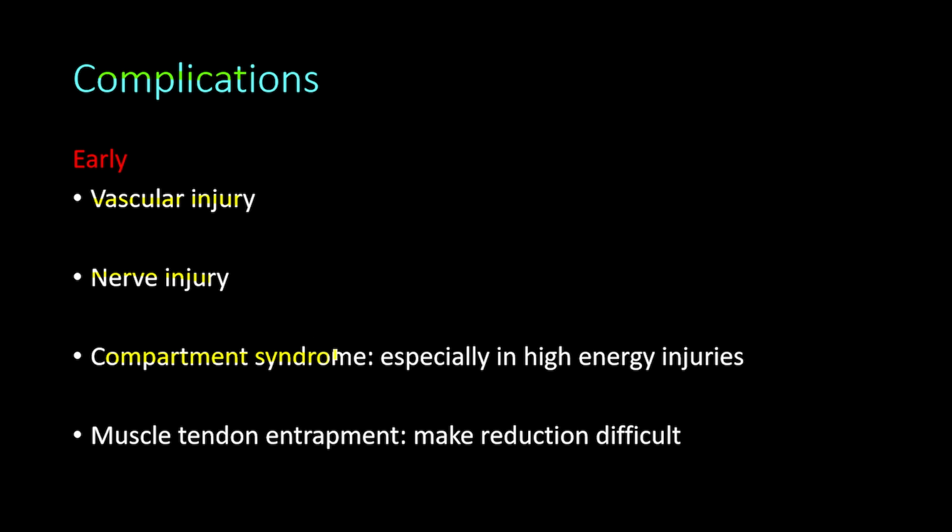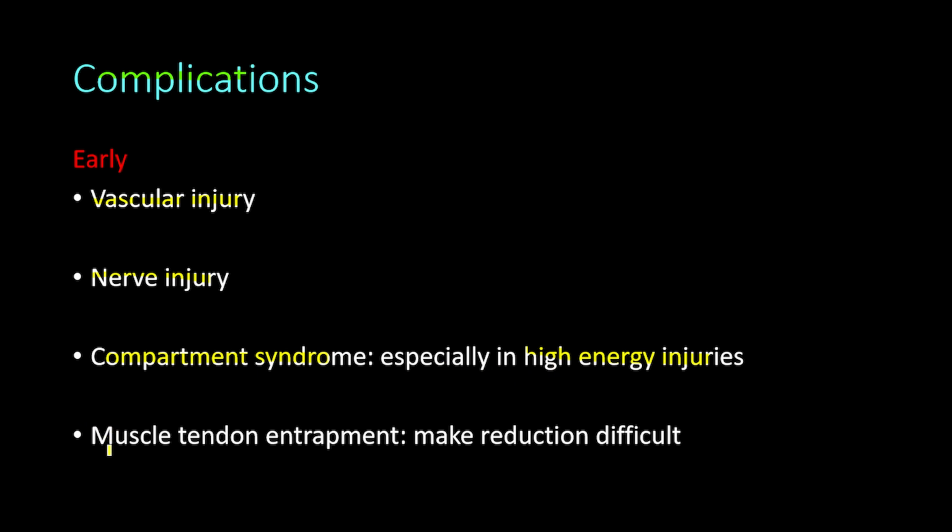So when the muscle gets injured, it swells, and this leads to an increase in the pressure inside the muscle compartments, and it would end up in compartment syndrome. Muscle injury is much greater with high energy injuries, and that is why compartment syndrome is especially associated with high energy injuries.